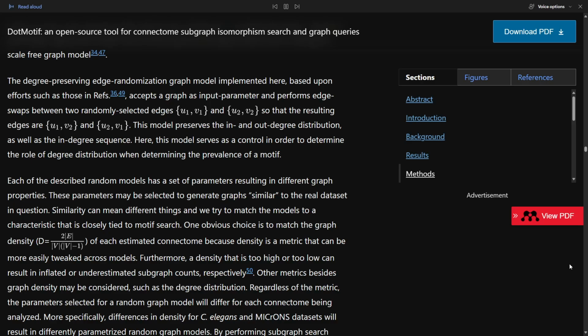By performing subgraph search across these models tuned or calibrated to some characteristic of the real dataset, we narrow the problem space of what drives a given motif to occur at a given frequency. By understanding which models closely approximate certain phenomena, such as motif count, we may be able to better identify biological mechanisms that induce these patterns of connectivity in the connectome.